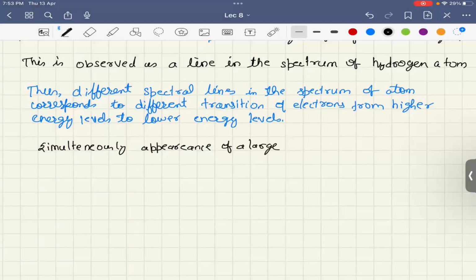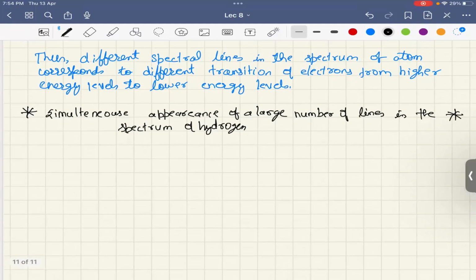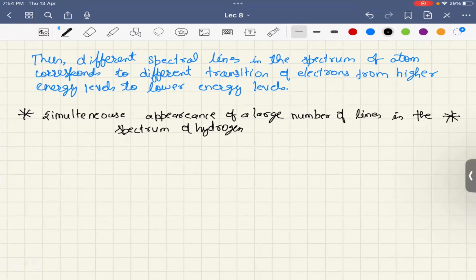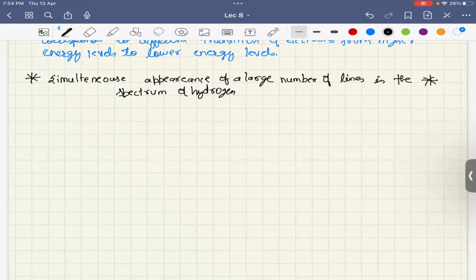Let's say this is a heading: simultaneous appearance of a large number of lines in the spectrum of hydrogen. So this behavior is quite curious, and you can understand it by the presence of many electrons.